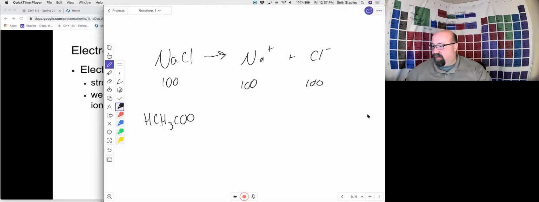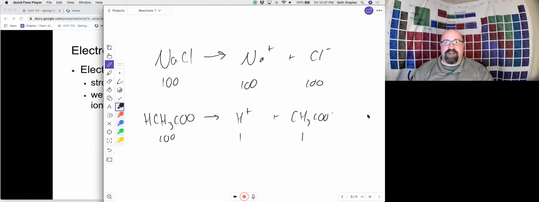It's a weak electrolyte, and these numbers are just for demonstration purposes. These wouldn't be the true numbers. But if you have 100 acetic acid units, you might only get one of those that splits into the H+ and the CH3COO-, the acetate ion.